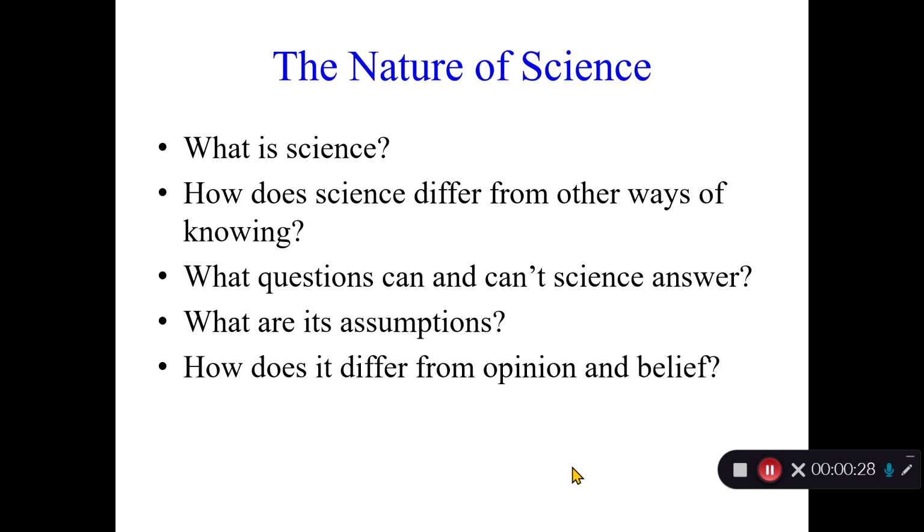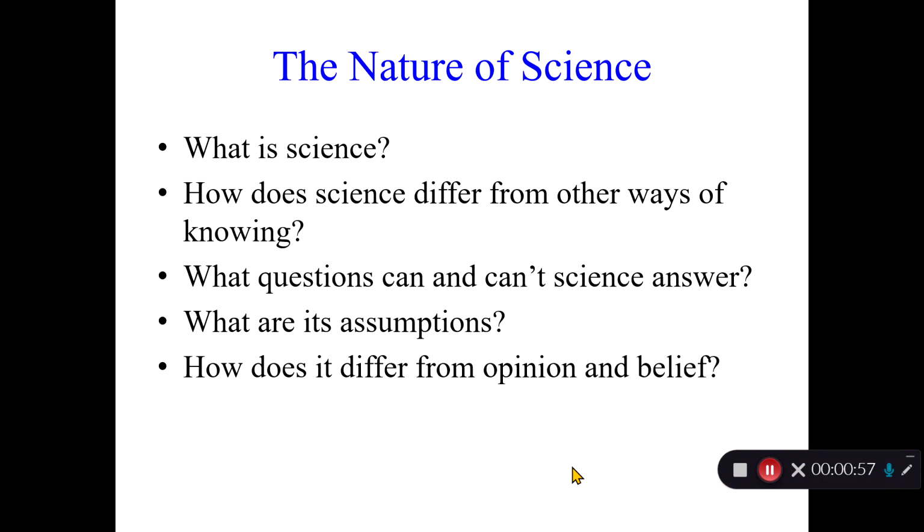And so this big question of what is science and how is it different from other approaches we take to understand the world. And as part of this, we're going to be looking at the questions or hypotheses that science can answer, and also talk about questions that can't be answered by science. We'll also look at the assumptions that scientists make and contrast scientific ways of knowing with other ways of knowing, right?